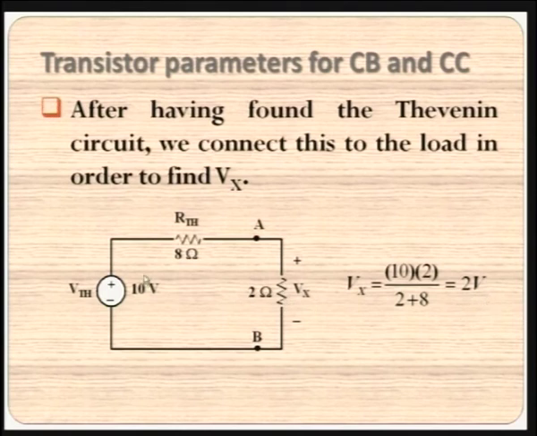This can be done by finding the current in the equation and then the potential drop across the 2 ohm. That is another approach, but it is not necessary. That is a 2-step process, but this gives us a single step approach for finding the value. So, we have done a problem to implement the Thevenin equivalent circuit for simplifying electronic networks.